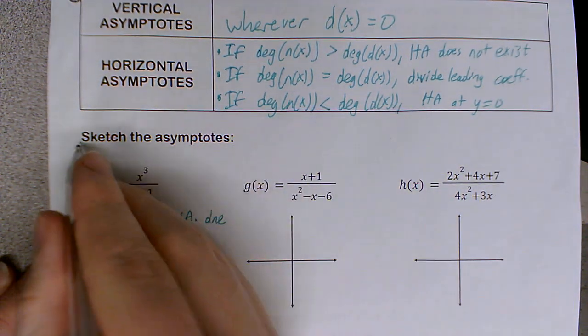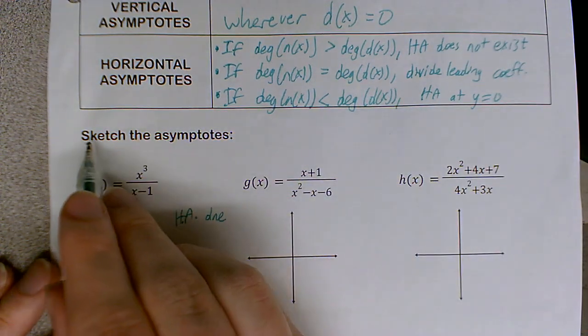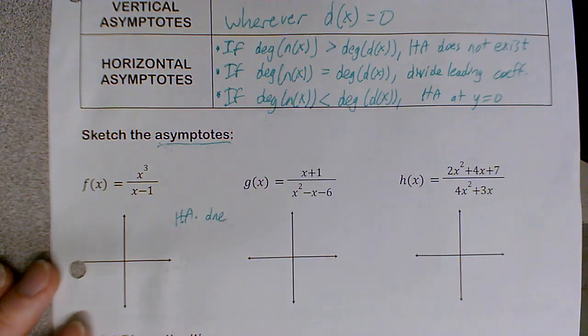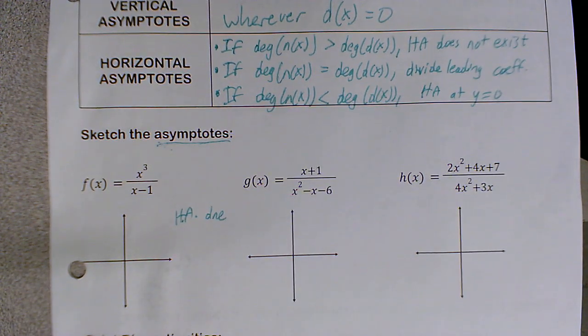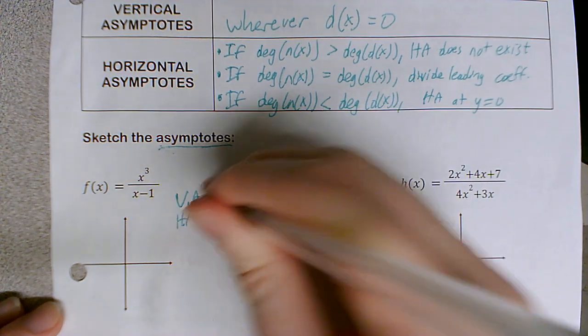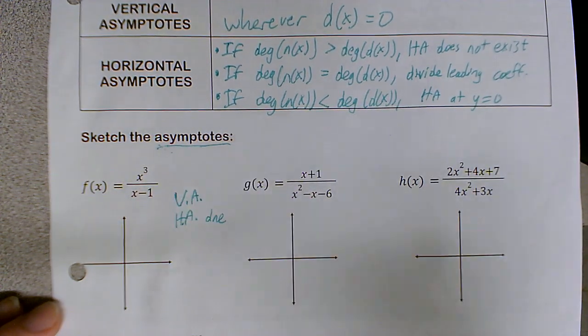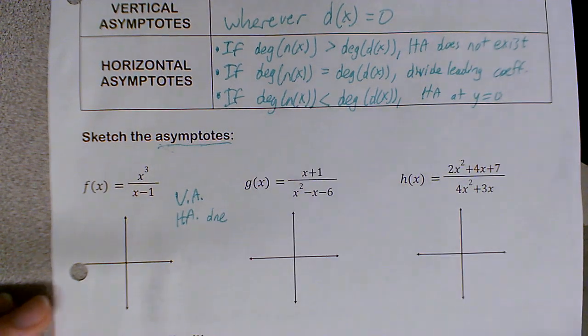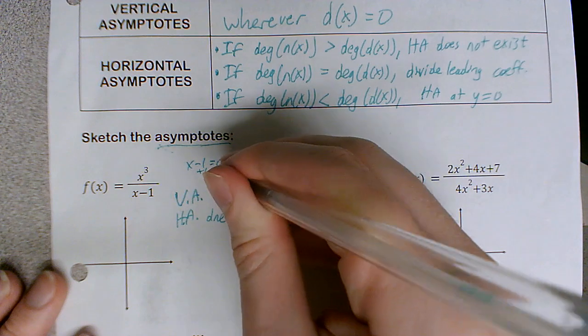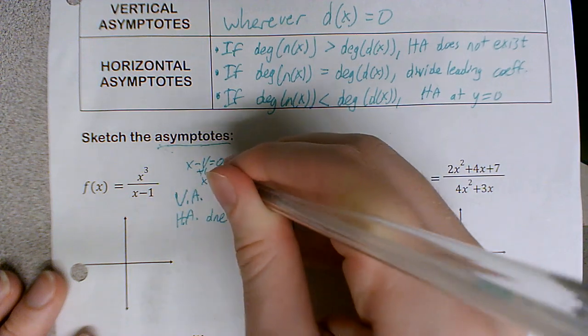So, again, here's the directions. It says sketch the asymptotes. Only the asymptotes. So now we just have to find the vertical asymptote. The vertical asymptote is wherever this denominator equals 0. So where does x minus 1 equal 0? Well, if x minus 1 equals 0, then x is equal to positive 1.